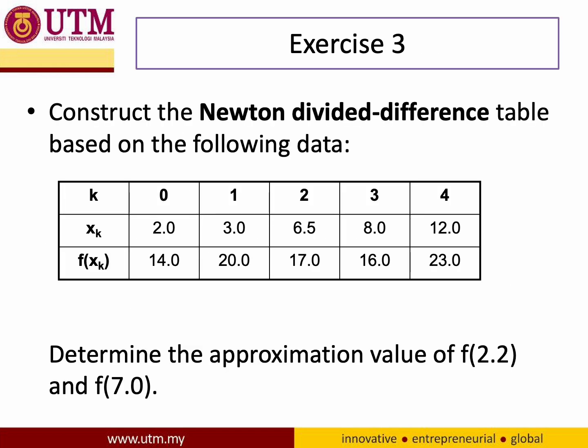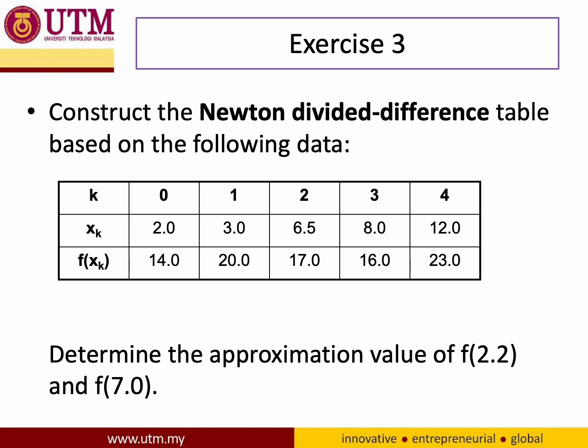Right, so that's it, I think, for Newton divided difference. So we can use Newton divided difference for non-uniform data. If the question wants you to do Newton, but the h is not uniform, you can use the Newton divided difference. If the h is uniform, you can use either forward or backward, depending on where the point is that they want to find.